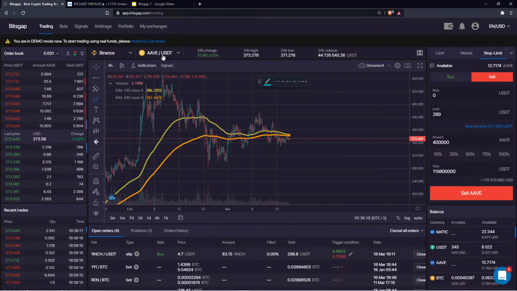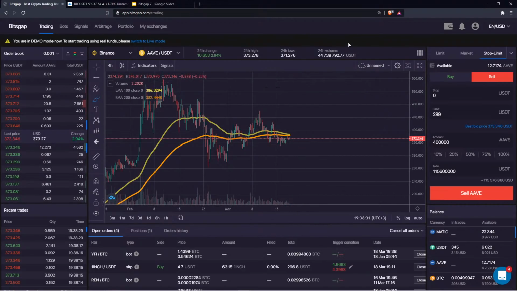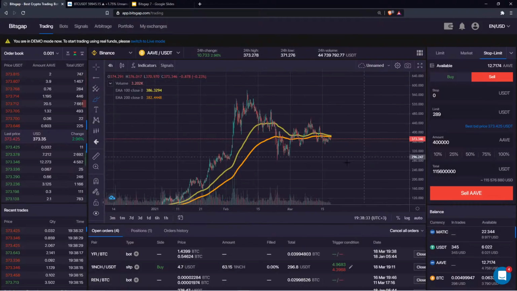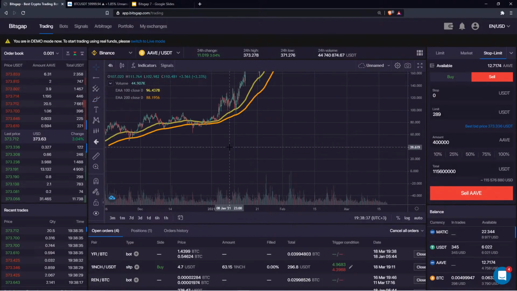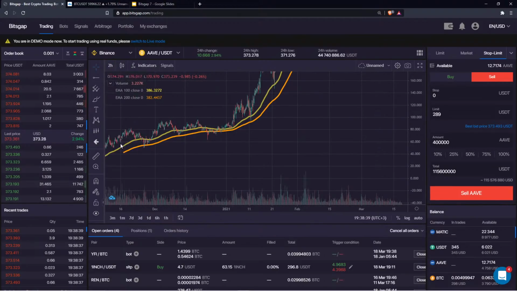So right now for our USDT, it looks like it's in a period of consolidation. So from my standpoint, I would rather stay away from this trade for a while until it goes higher and trades above the moving averages. That's how you can use the moving average. There is also another strategy, looking for crossovers.